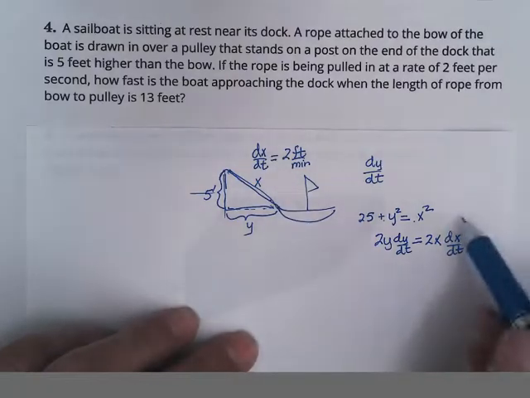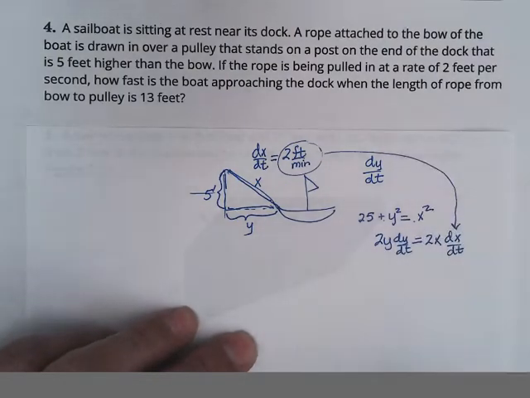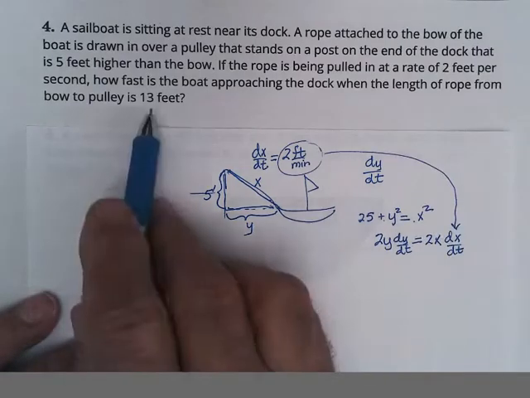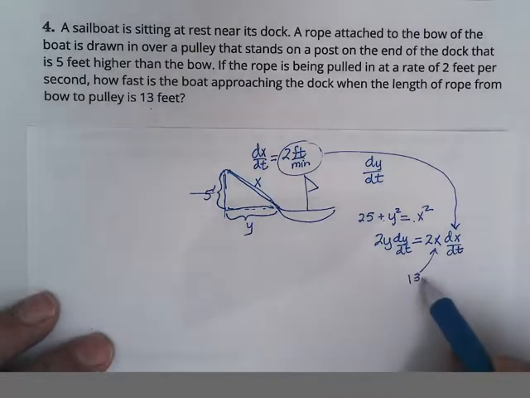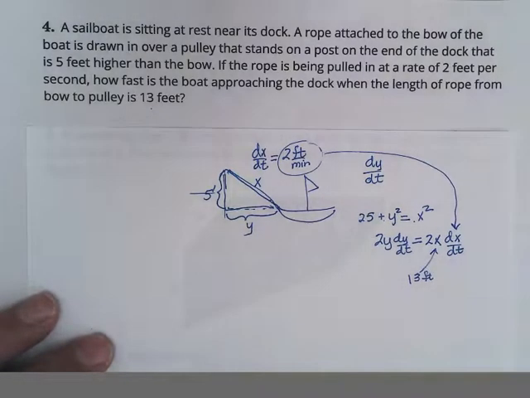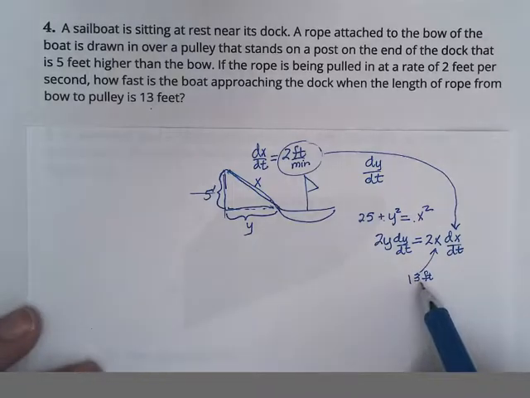They told us that dx/dt was 2, and they said to do it when it was 13 feet, so we're going to put in 13 here for a specific time. And we have to find y at that specific time.